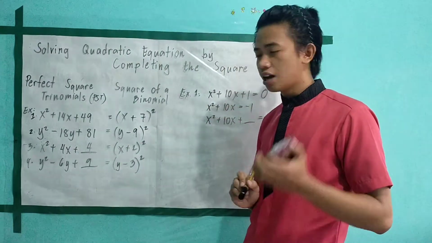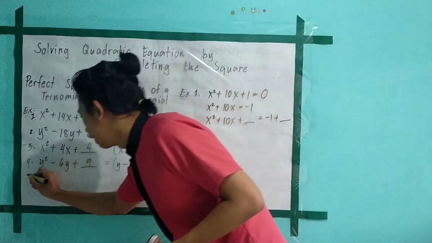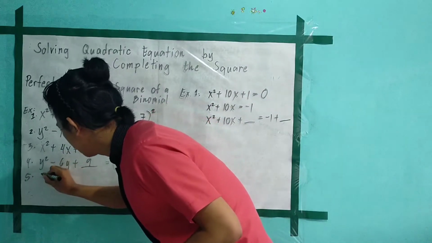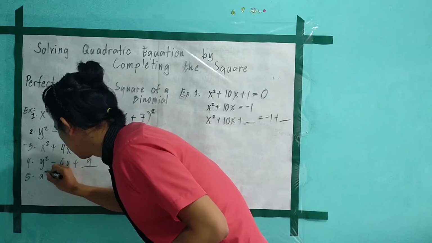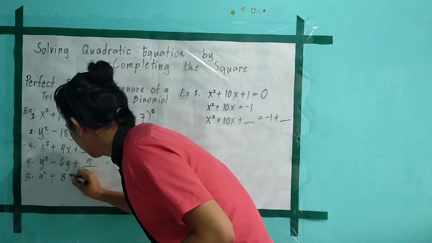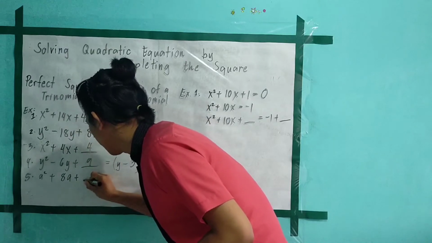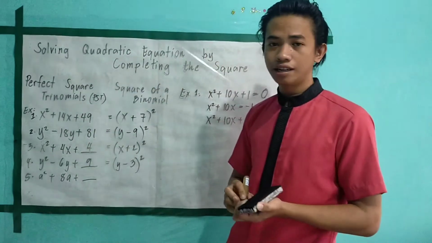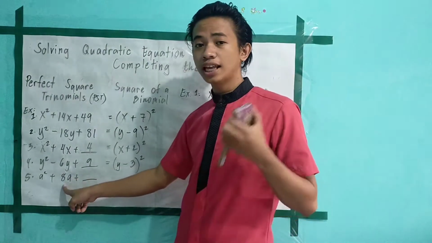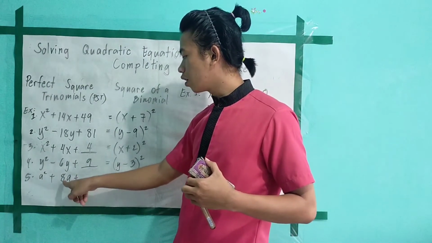Sundan na po. Last example. Example number 5. If we have a squared plus 8a plus blank. Ayan. And then ulit, para gawing perfect square trinomial, divide by 2, then square. Or 1/2 of our b.